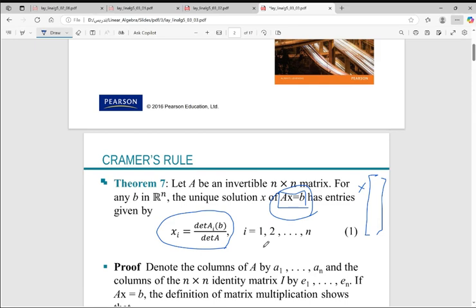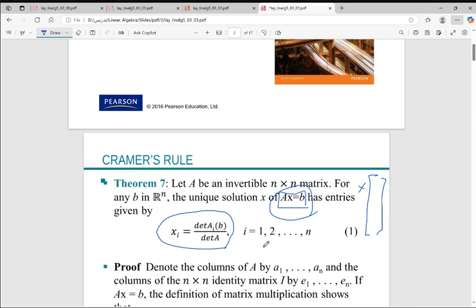This unique vector x is obtained using equation 1: xi, the entry i of your solution, is computed as determinant of AiB over determinant of A. Is it clear to you?